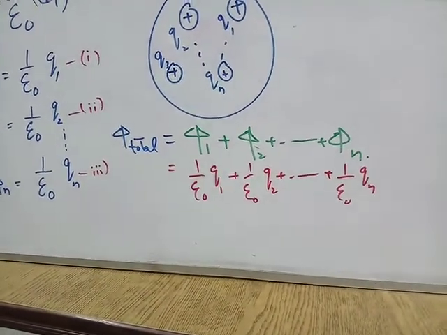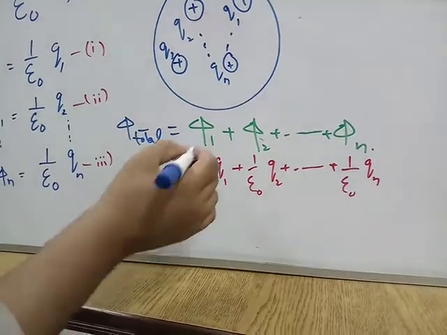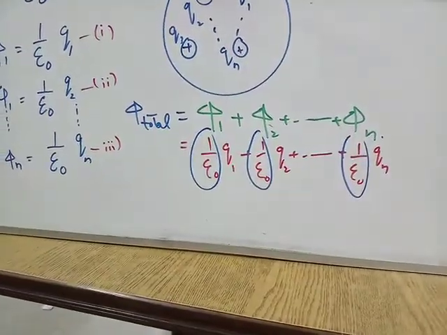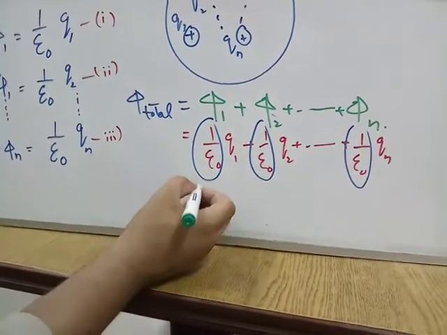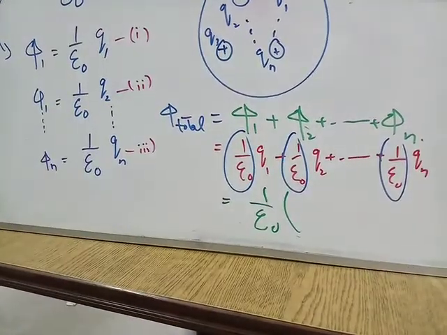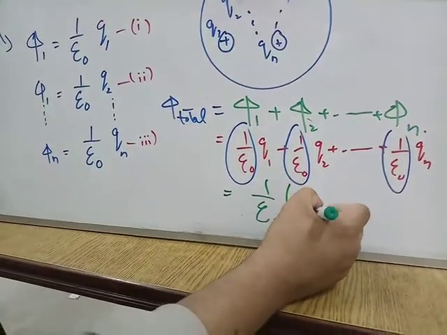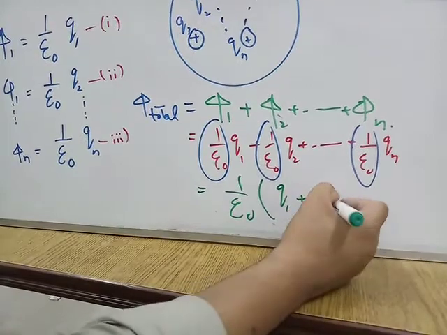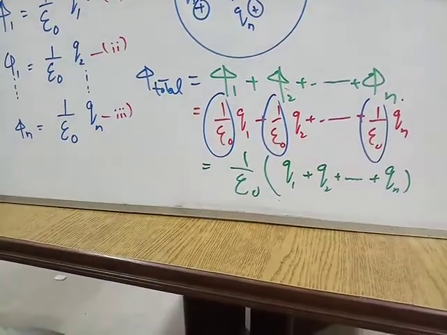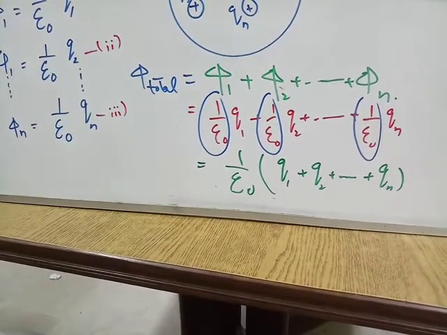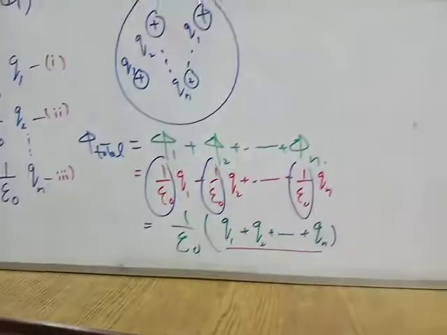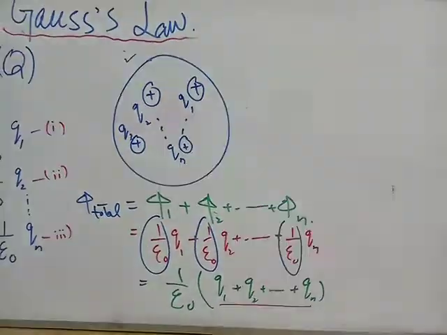You see 1 over epsilon naught is common in each term, so we take this common and add up all the charges. So this makes the sum of all the charges which are enclosed in a closed surface.